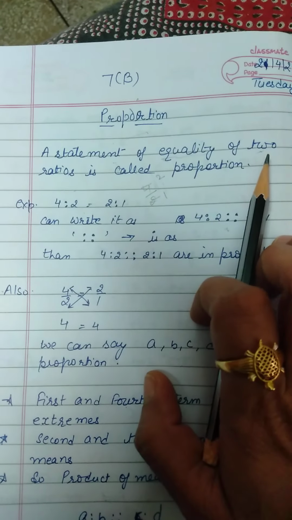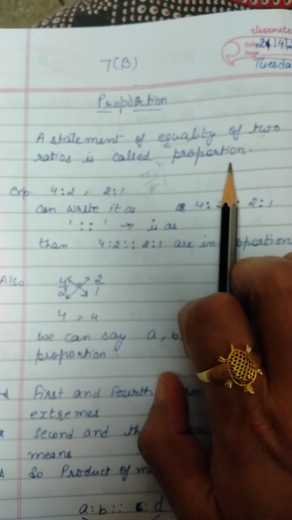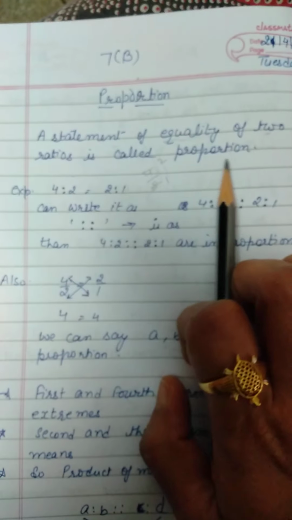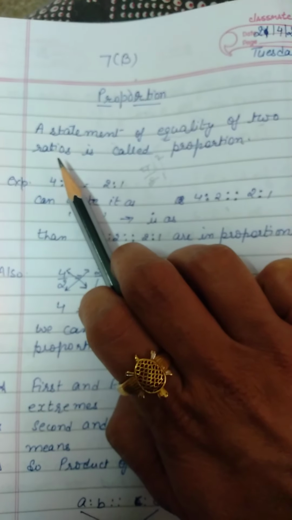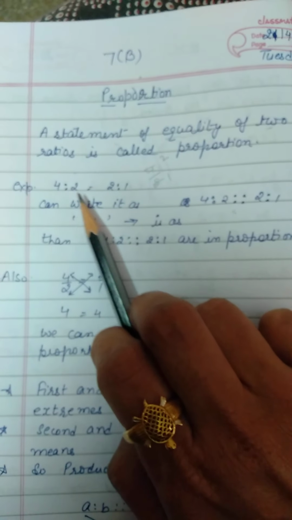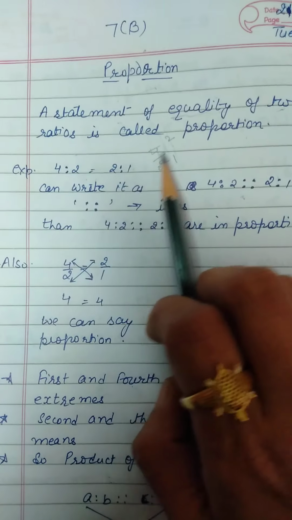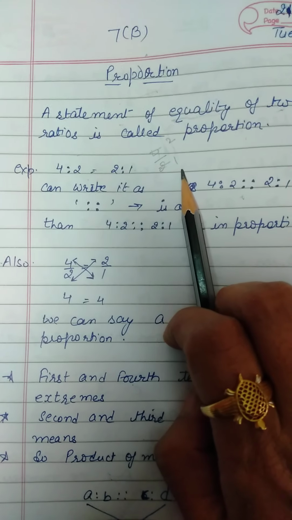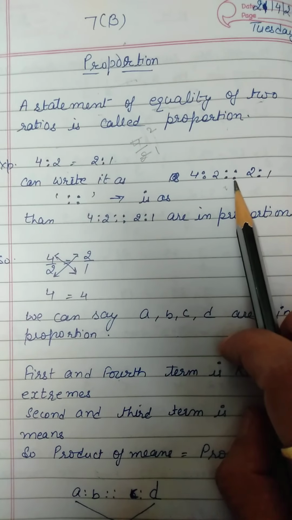A statement of equality of two ratios is called proportion. Means when you are doing the equality of two ratios, like 4:2 is equal to 2:1. 4/2 you can cancel, you will get 2/1. So we can write 4:2 proportion.